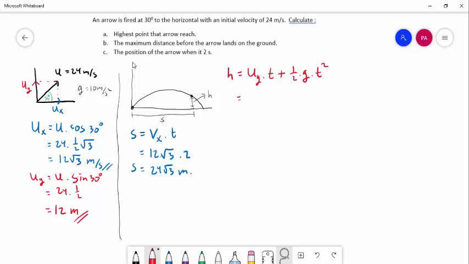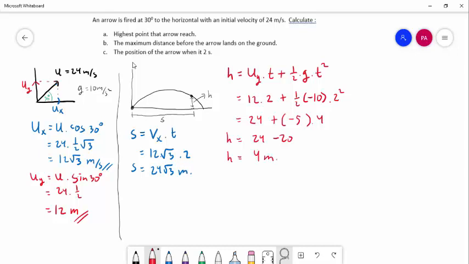This one is 12 times 2 seconds plus half, and remember, the gravity is always minus 10 meters per second square, times 2 square. Then we have 24 plus negative 5 times 4, equal to 24 minus 20. So the height is 4 meters.